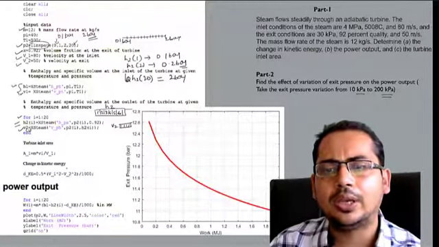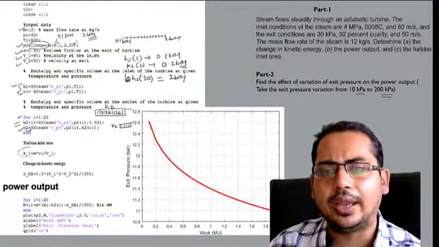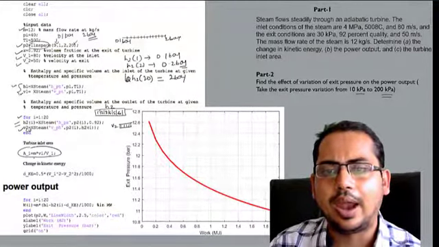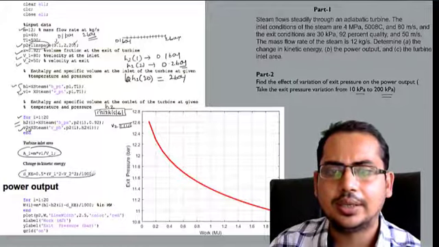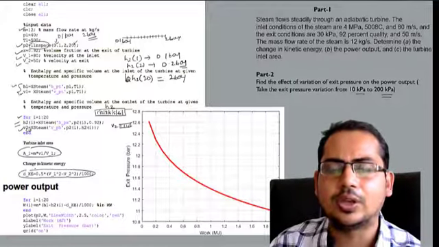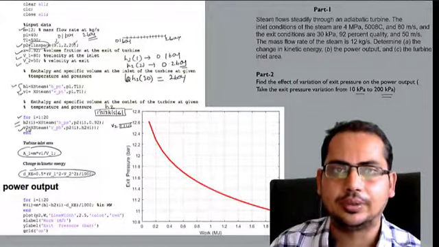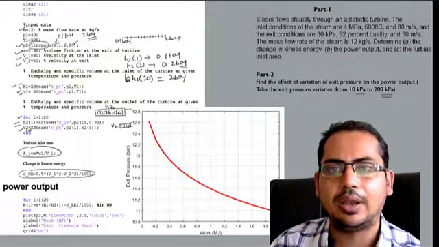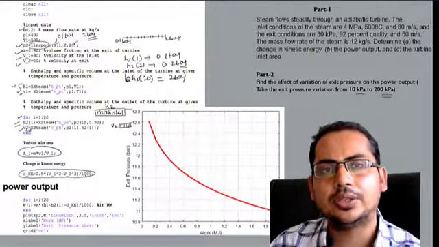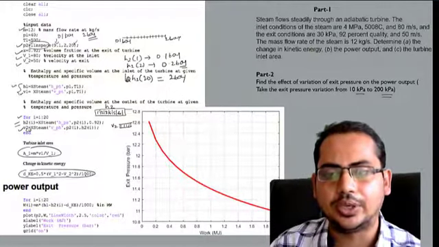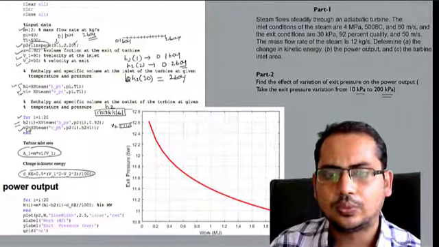Now you are similarly calculating the A1, and the change in kinetic energy also, because V1 and V2 are not changing. V1 and V2 are constants. What is changing? Only the pressure is changing.